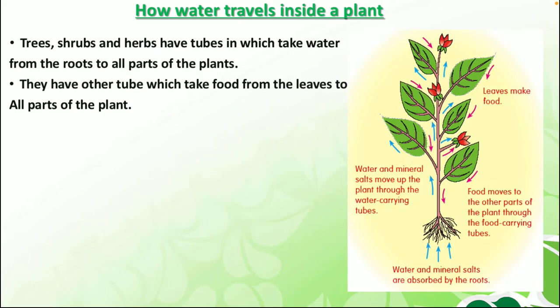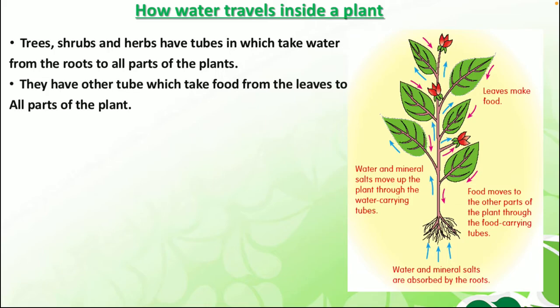Now you can see there's a plant, and the blue arrows show the water tube and the red arrows show the food tube. So when you put water into the soil, water and minerals are absorbed by the roots, and when the roots absorb the water, it goes up.